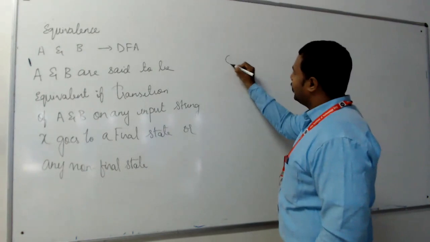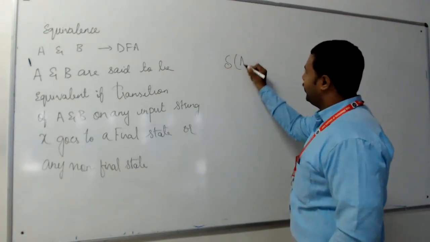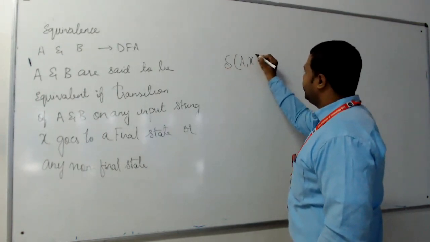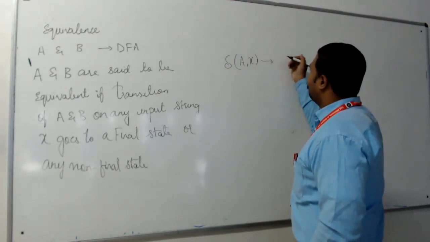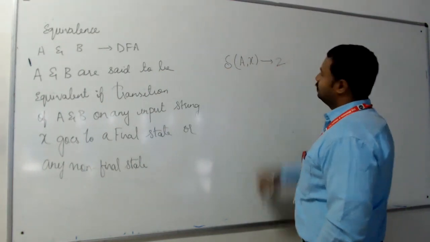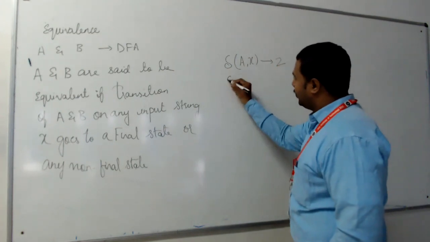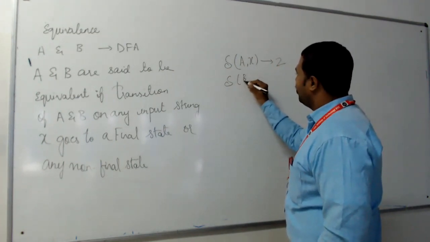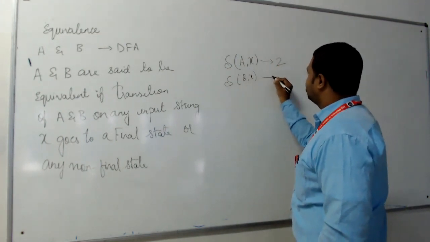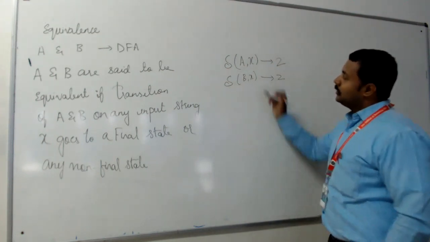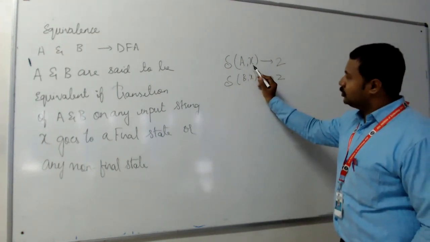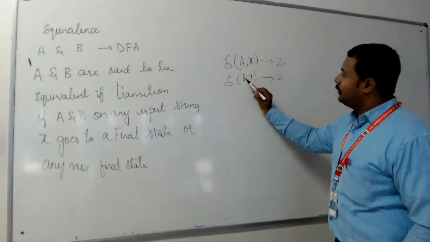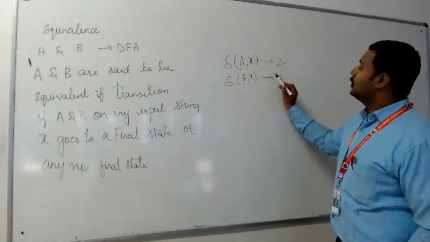That is, transition of A on input string X goes to some state called Z, and transition of B on input string X goes to Z.